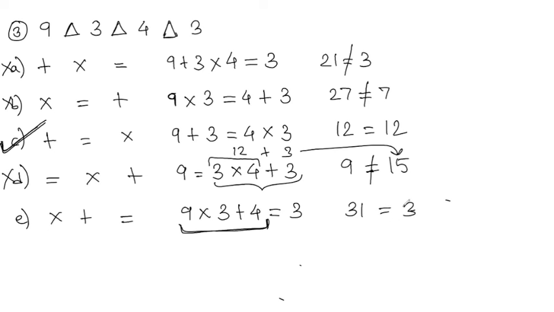Yes. Is it equal? No, it is not. So even this is wrong. Even here you should follow the order. First you should do 9 into 3. What is 9 into 3? 27. Then 27 plus 4, 31. Correct. So finally option C is the answer.